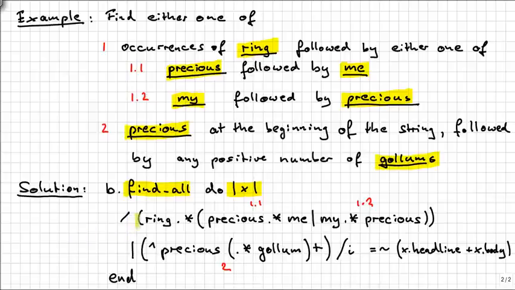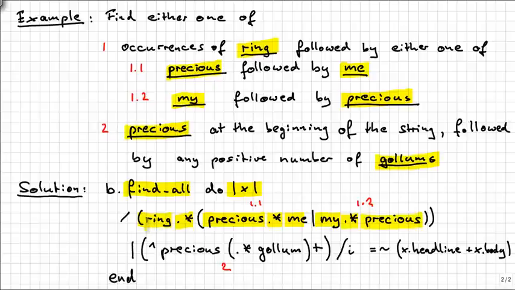We start the regular expression by looking at ring, followed by any number of characters, followed by the word precious, followed again by any number of characters, followed by me, or my, followed by any number of characters, and precious.